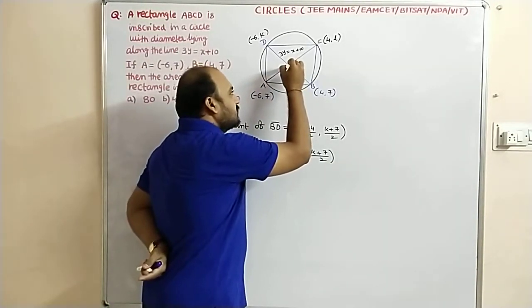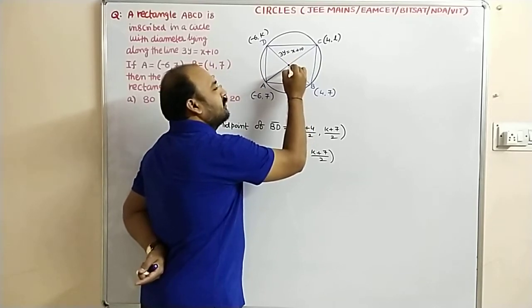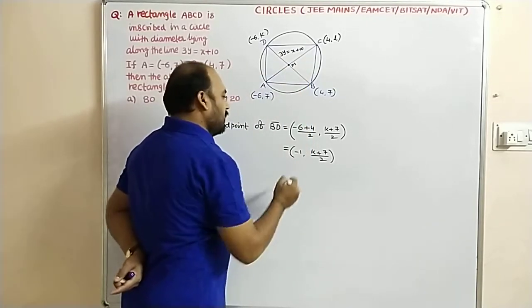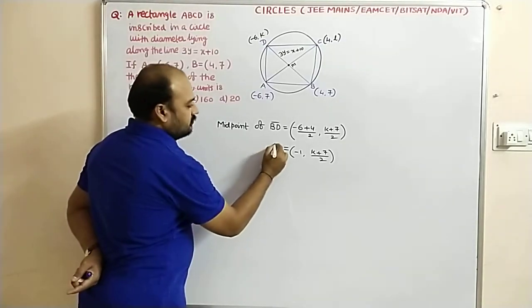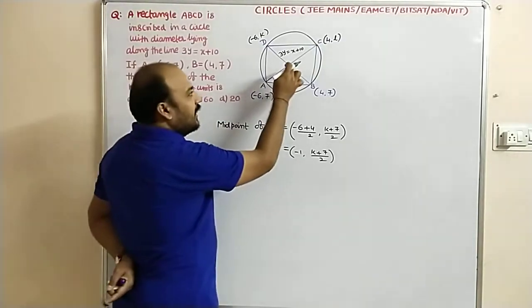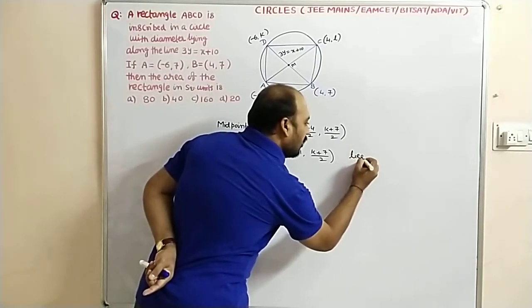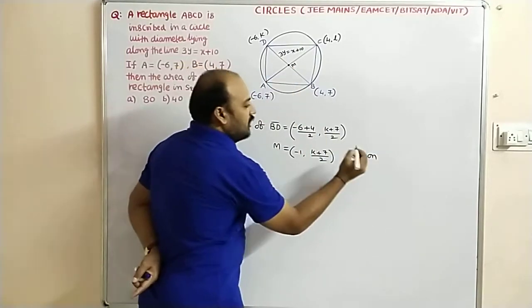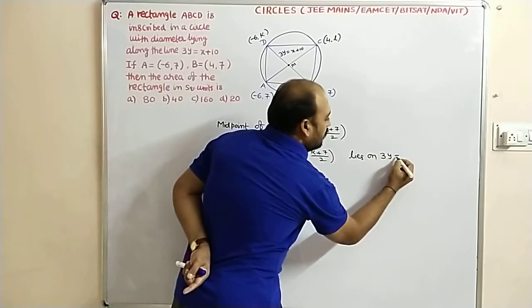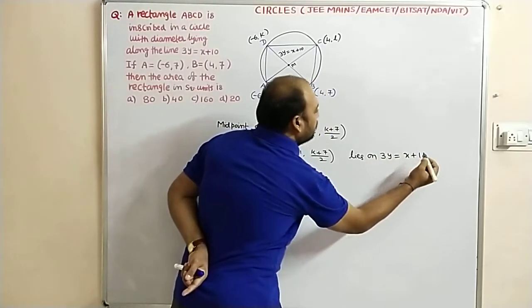You can take it as E or M. M lies on this line, 3y = x + 10.